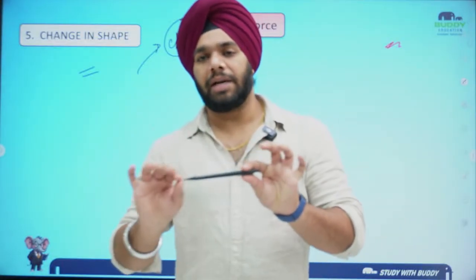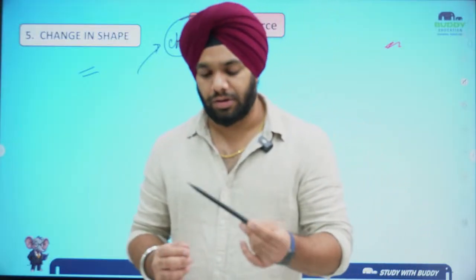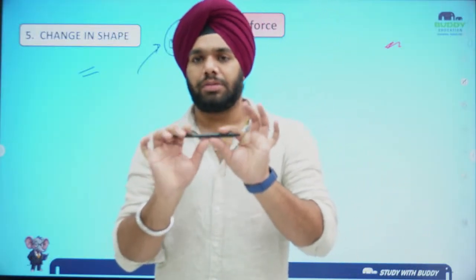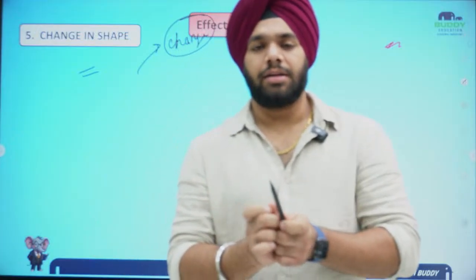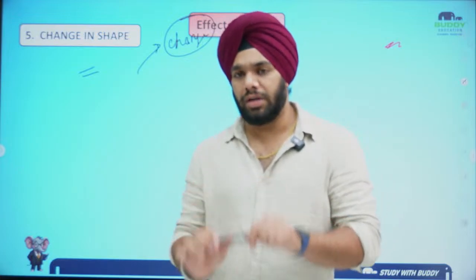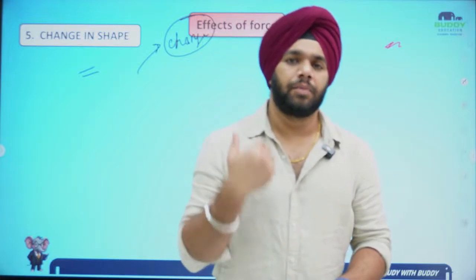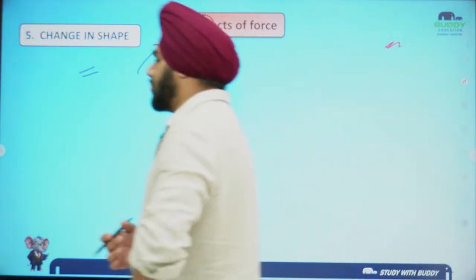So I'm not doing this thing here. But if you take a metal rod in place of the pen, and you try to apply some force, what will happen? You can bend it, right? So you basically change the shape, and that shape change was only happening because of the force. This is the last effect, that it can change the shape also.